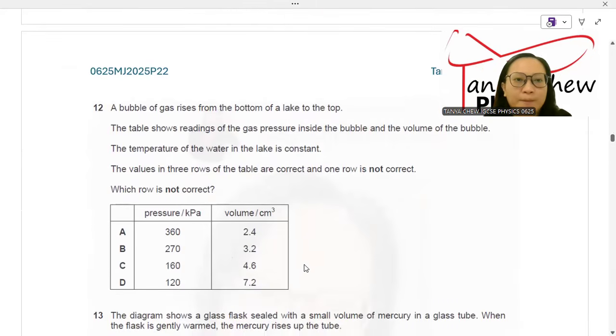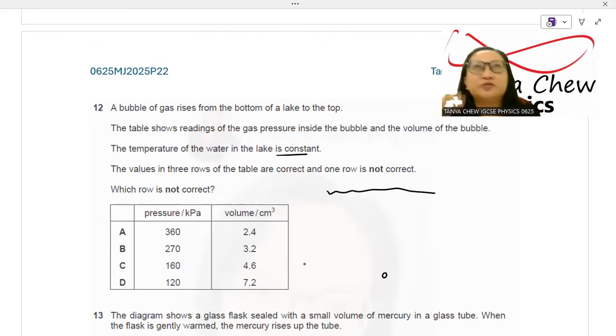Now, number 12, a bubble of gas rises from the bottom of the lake. So this is a lake. The bubble is initially small. The table shows a reading of the gas pressure inside the bubble and the volume of the bubble. The temperature of the water in the lake is constant. The values in 3 rows of the table are correct and 1 row is not correct. Which row is not correct? Do you still remember one of the laws?